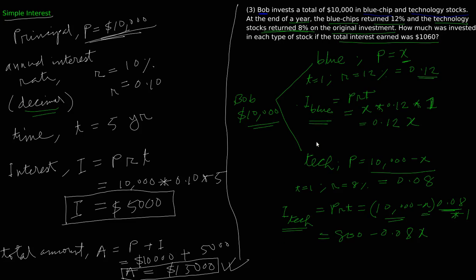Now what is the total interest received? Total interest equals I blue plus I tech, which is 0.12x plus 800 minus 0.08x.